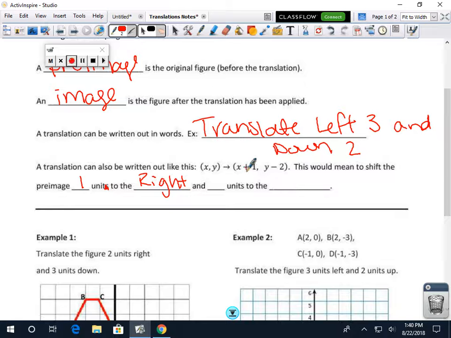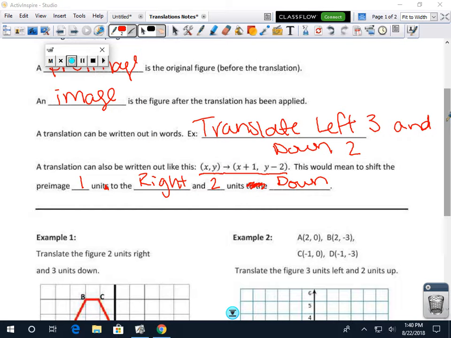So a plus 1 would be in the positive direction, which is towards the right. And then the y minus 2 tells us we're going to go 2 units down. Sorry for the typo. A lot of the way that we're going to see the translation is written as the rule this way instead of in words.